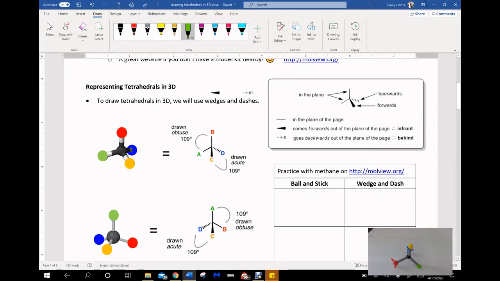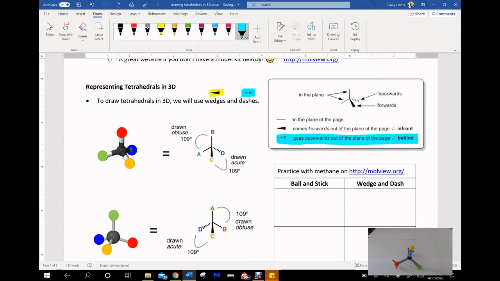So the way it works is wedges look like a dark triangle. They are designed to represent when a bond within the molecule is poking outward from the paper and it's coming toward you. The dashes, which are alternating lines and spaces in a triangular shape, are designed to represent when a bond is sticking through the paper and going backwards away from you.